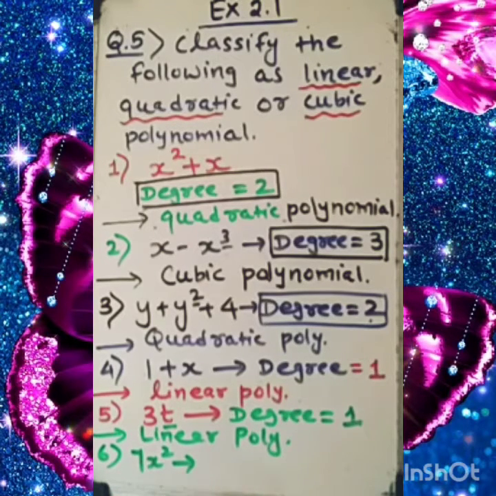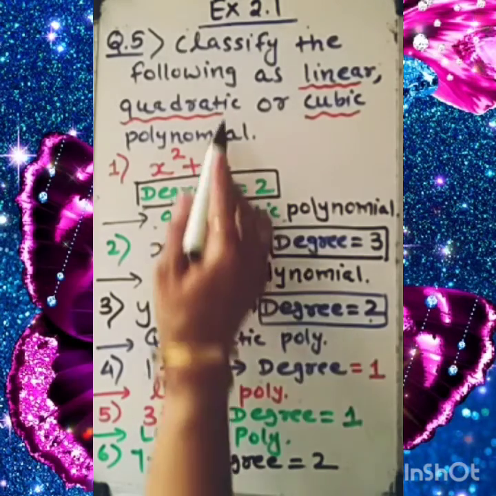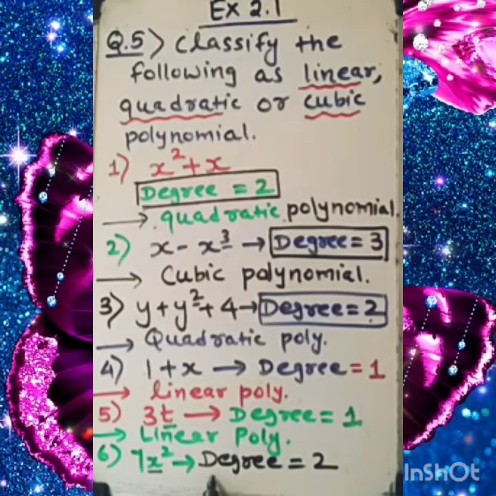Let's work on the last, that is 7x square. Okay, first let's decide its degree. In 7x square, the degree of the variable is 2. And as we know, degree 2 is quadratic.